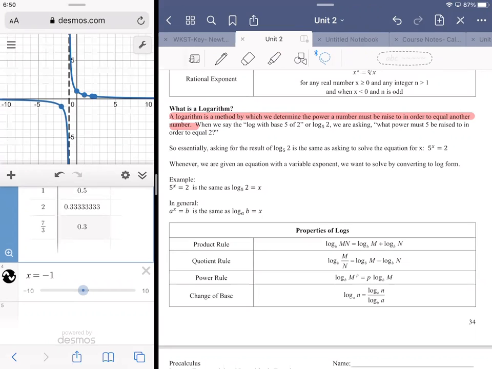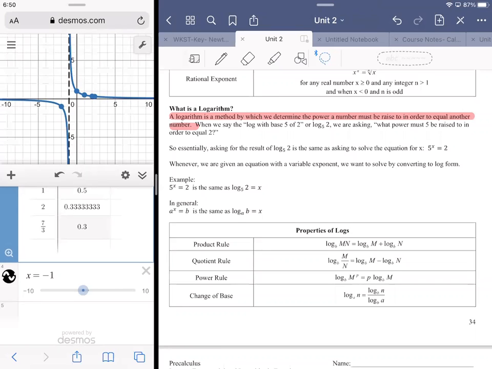So when you're finding a logarithm, you're determining, using a series of steps, the result of that process, giving an exponent as an answer. So it in and of itself is not an exponent. It results in an exponent.